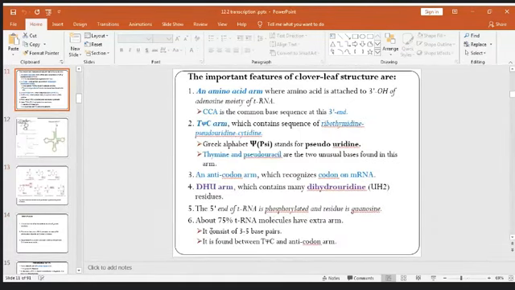Then about 75% of transfer RNA molecules have an extra arm.